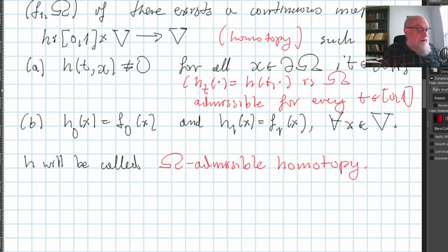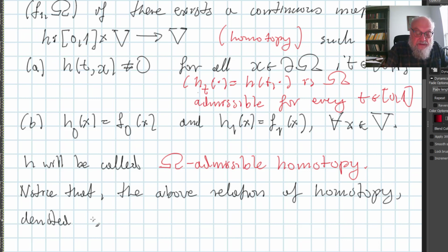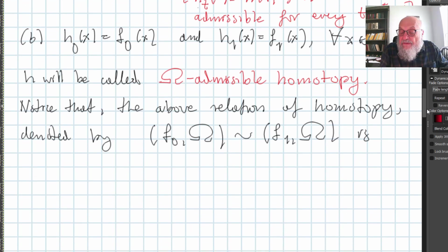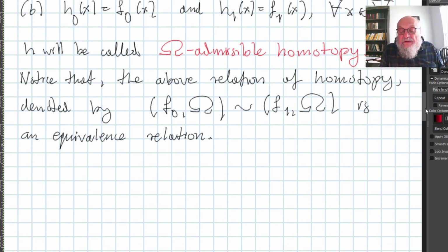And of course, notice that the above relation of homotopy, which we can denote like this, (f0, omega) homotopic to (f1, omega), is an equivalence relation.